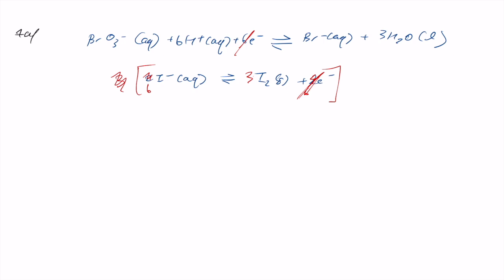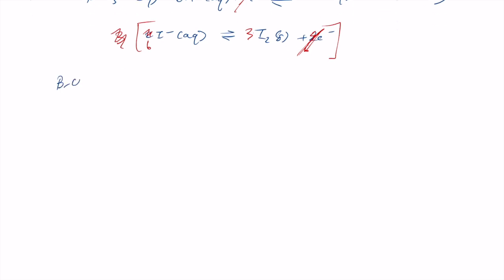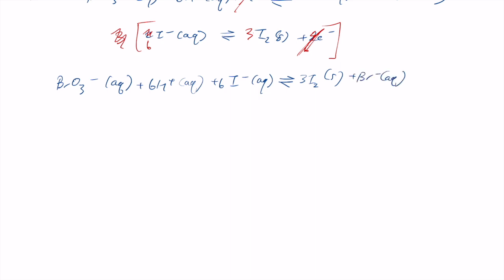So our net equation now is BrO3 minus plus 6H plus plus 6I minus goes to 3I2. Oh my goodness, I keep making that mistake. Plus Br minus plus 3H2O liquid. Awesome.